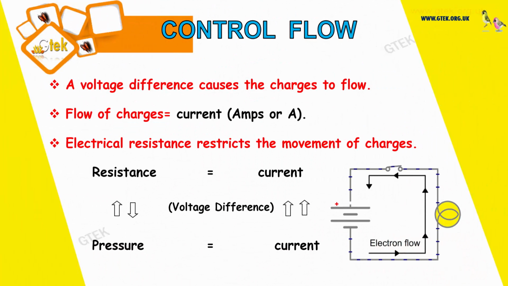Now let's talk about current flow. A voltage difference causes the charges to flow. The flow of charge is what we call current, which is measured in amps, stated as A. And also electrical resistance restricts the movement of charges.